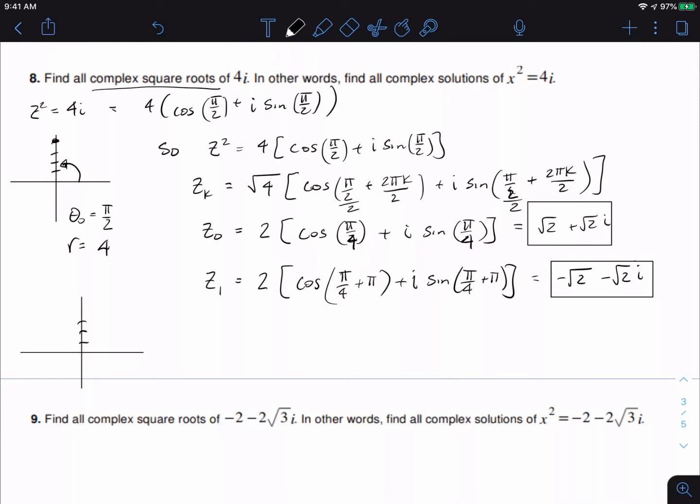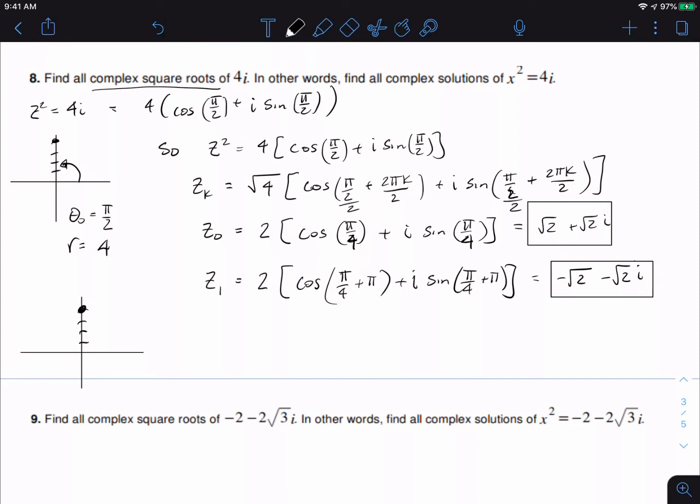So if we're up here, this is our initial angle, right? The initial angle is pi over 2. So if pi over 2 is that reference angle that we got from 4i, what we're going to do is take that angle and divide it by 2.